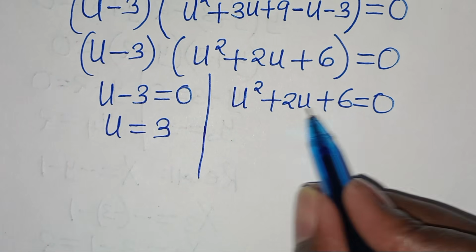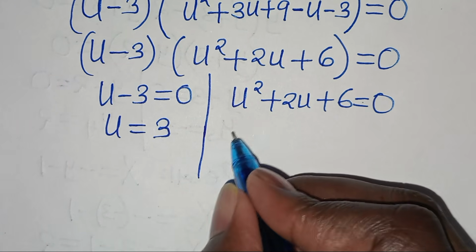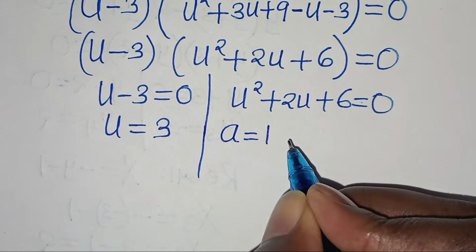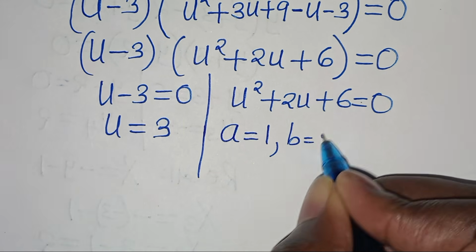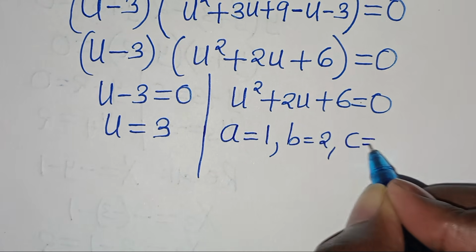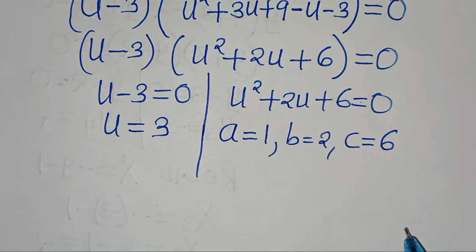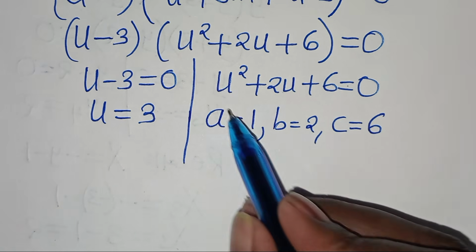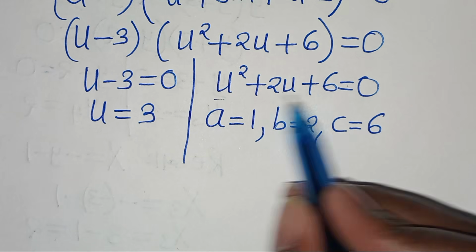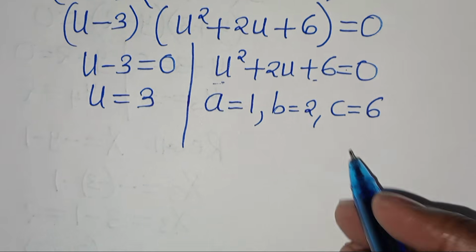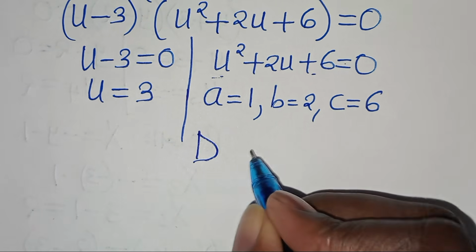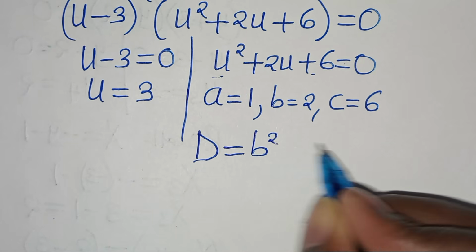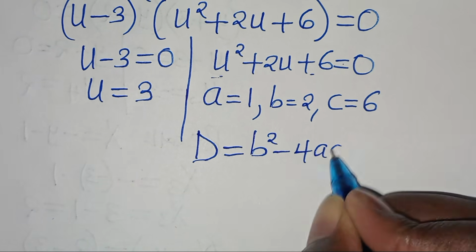Now, the second part here is a quadratic equation where we have a is equal to 1, b is equal to 2, and c is equal to 6. Therefore, let's assess the nature of the roots of this quadratic equation by determining the discriminant value, which is b squared minus 4ac.